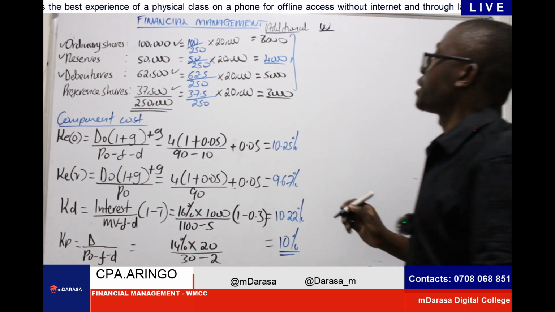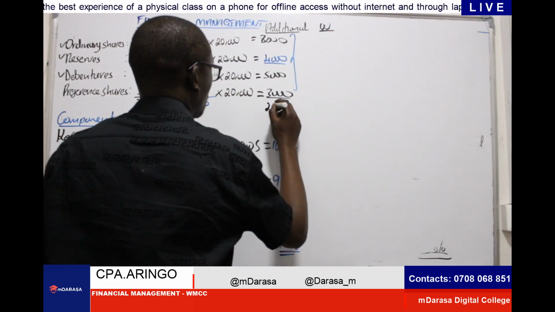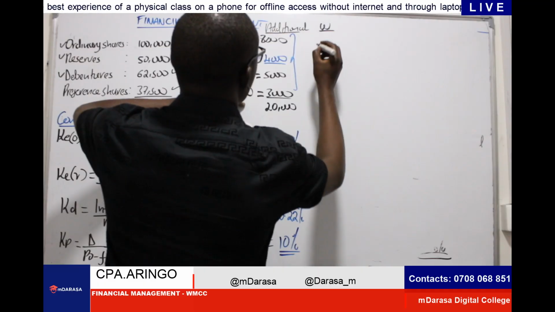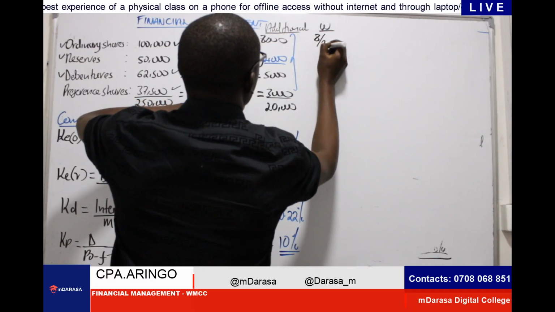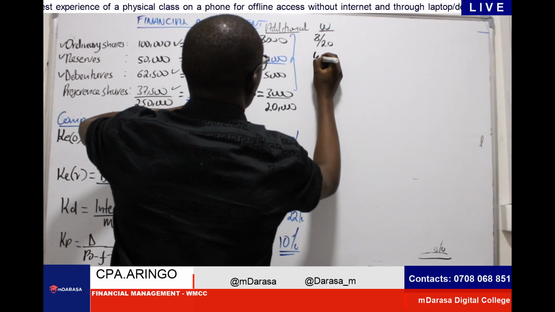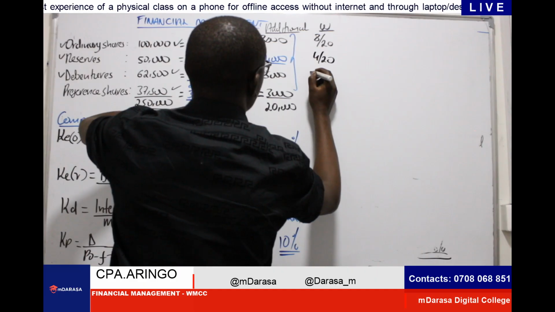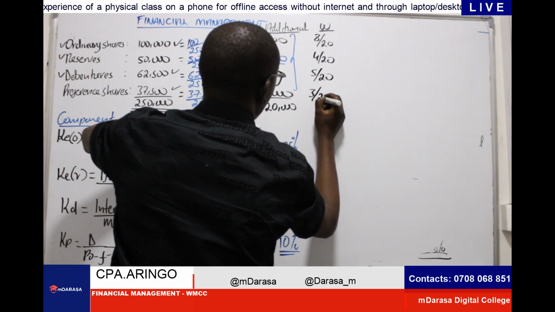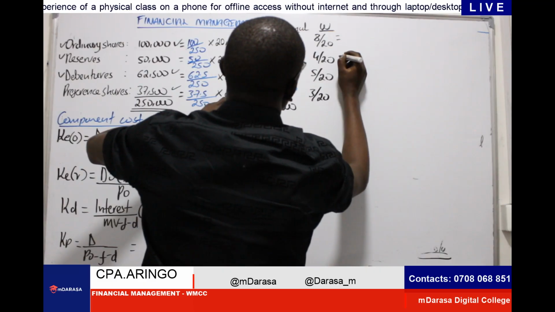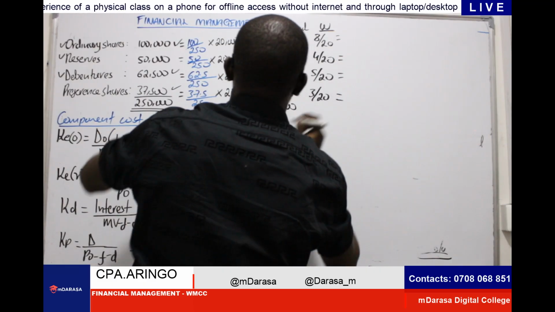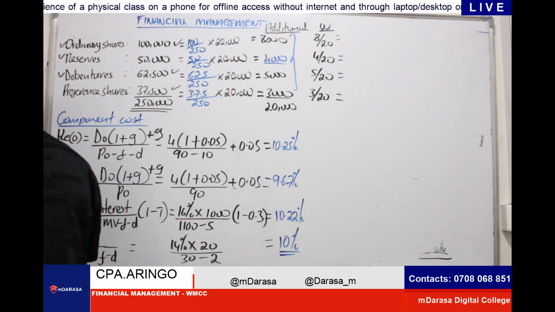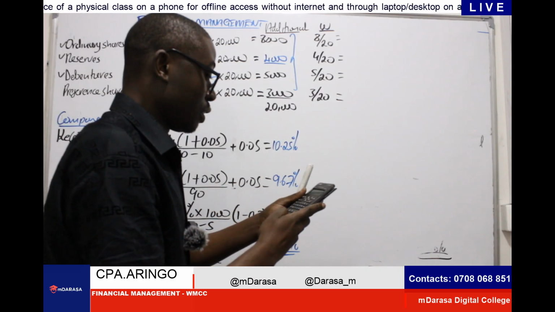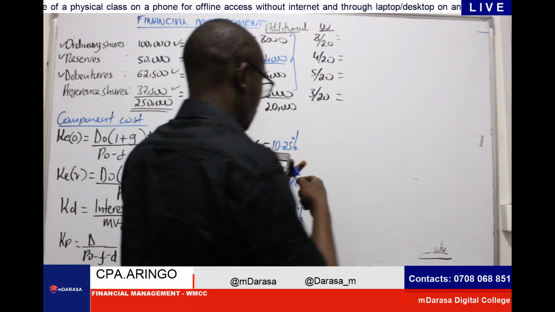This one is based on what? 20. So I'll be having 8 of 20, 4 of 20, 5 of 20, and 3 of 20, to give us our weights. 8 divided by 20 gives 0.4.